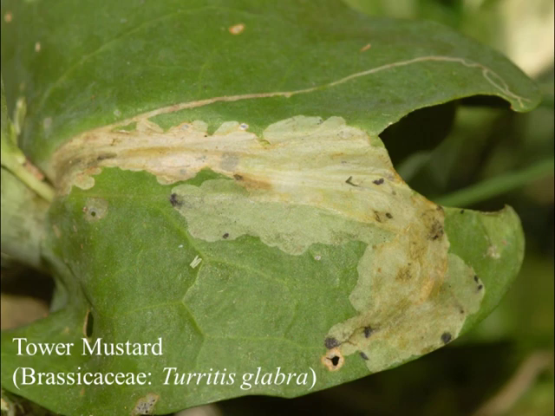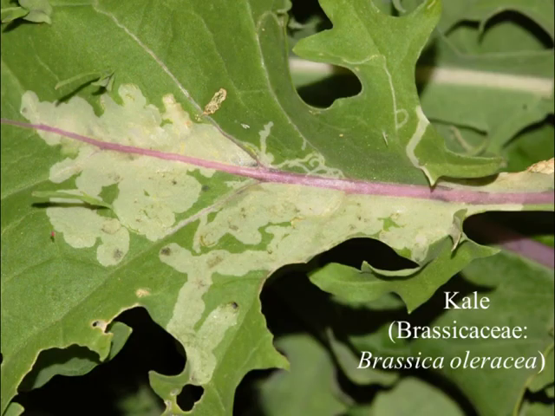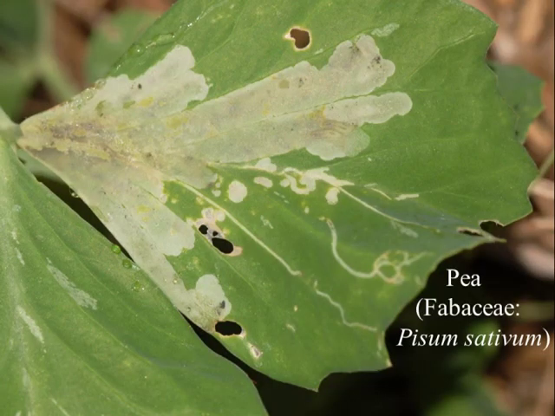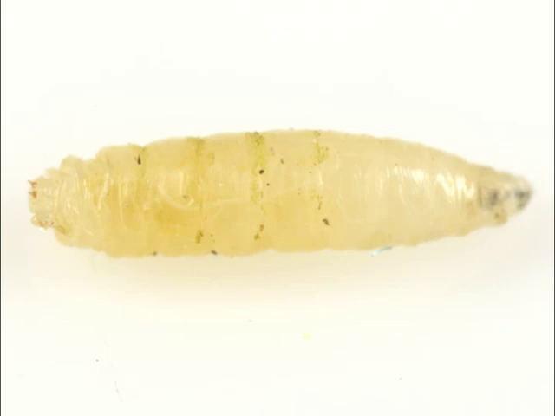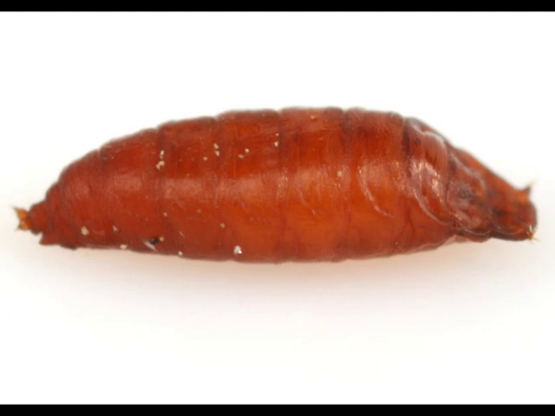Larvae make initially very narrow linear mines, which suddenly expand, I think in the third instar, into blotches with widely scattered lumps of frass. It also mines leaves of kale and broccoli, and also, in my garden, the pea plants. And in New Zealand, it's been found on a dozen or so other plant families. Scaptomyza larvae can either exit their mines to pupate or pupate inside the mines, and their puparia have these distinctive flattened interior ends.